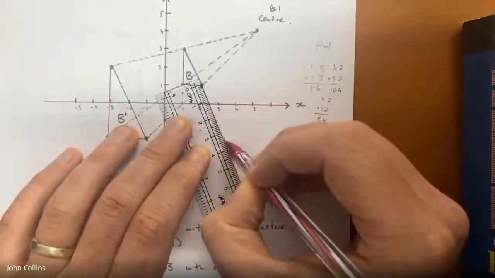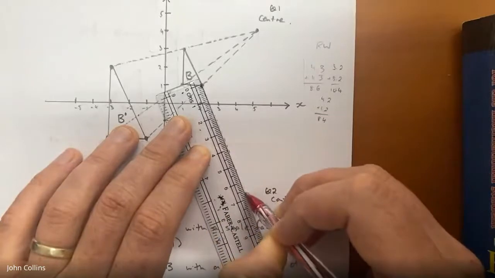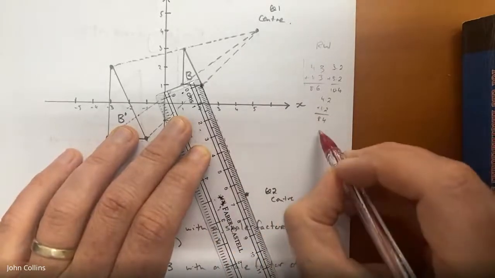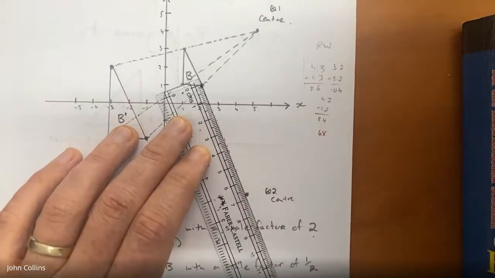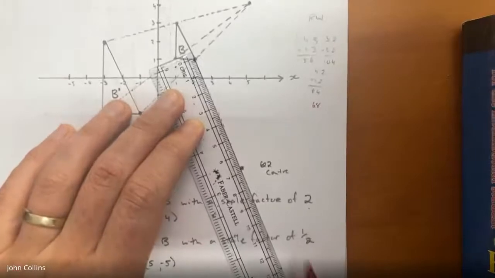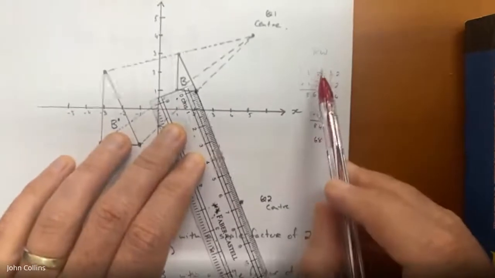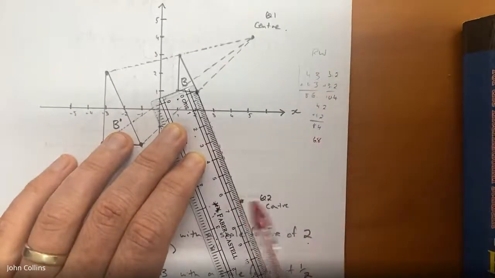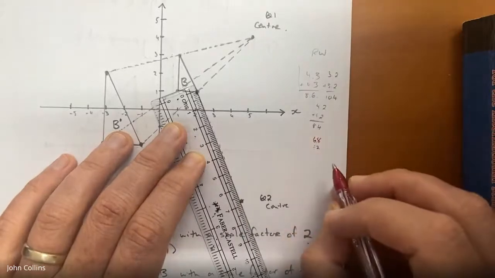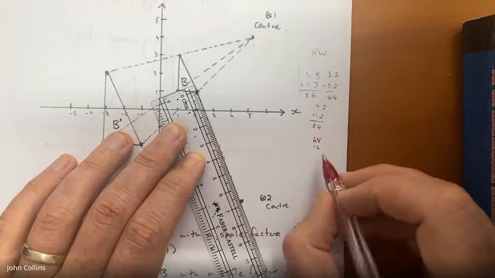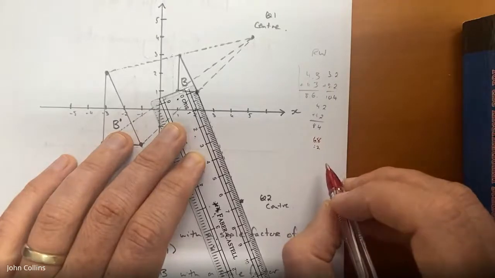Okay, 6.8 centimeters away. Now, 6.8, well, I'm not going to double that. I'm actually going to half it, because it's a scale factor of a half. So this one, I doubled it. I just added itself or multiplied by 2. This one, I'm going to half it, so I can divide by 2. If you want, you can do that on your calculator. Perhaps some people can do it in your head. What is a half of 6.8?